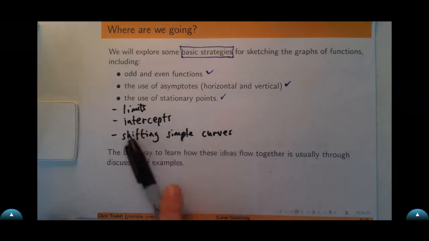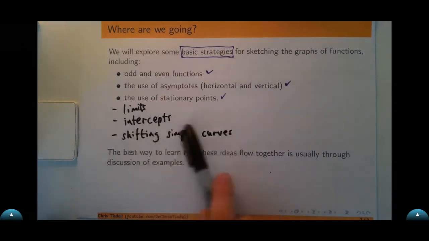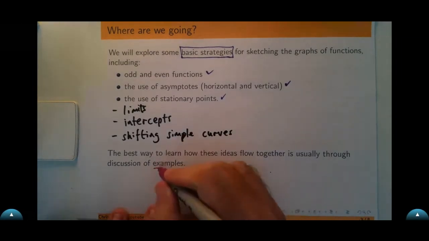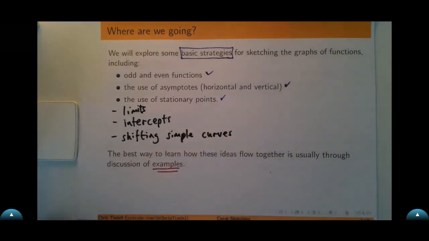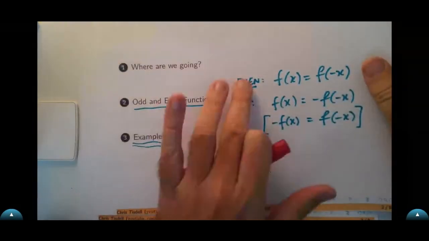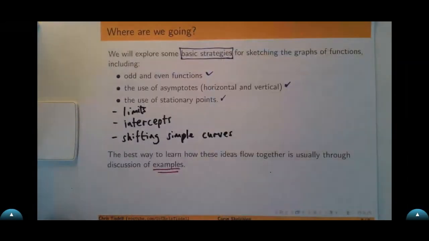This sort of thing doesn't involve any kind of calculus. Like I said, we're going to talk through some examples, but before we get there, let's talk about odd and even functions first.